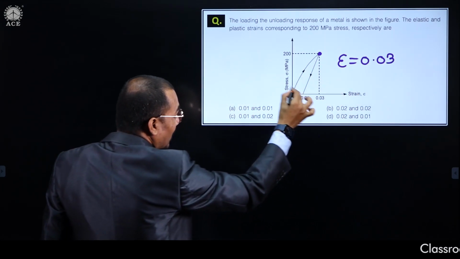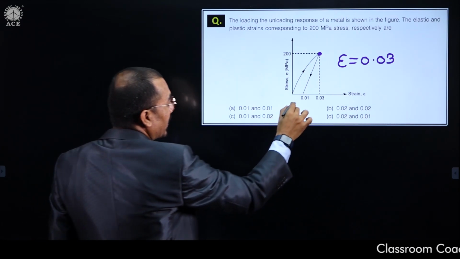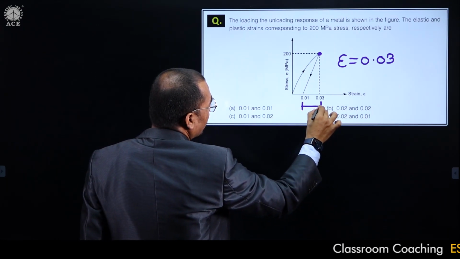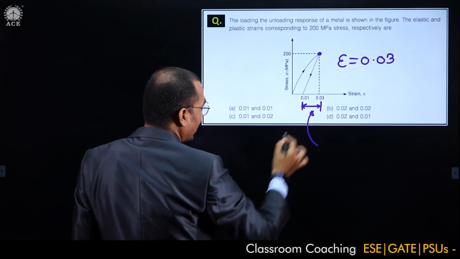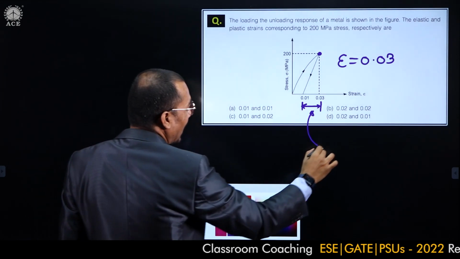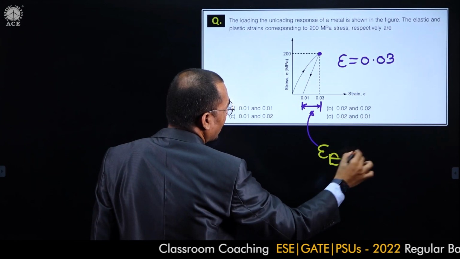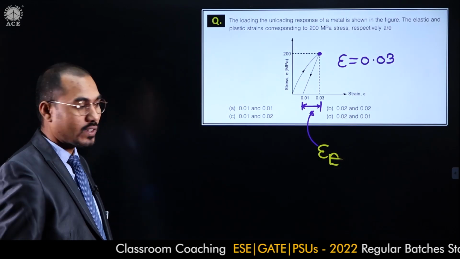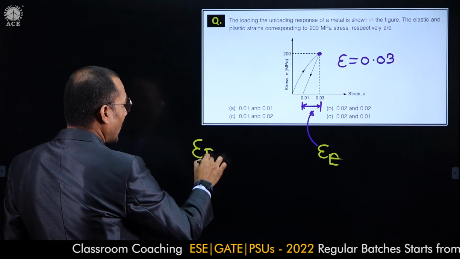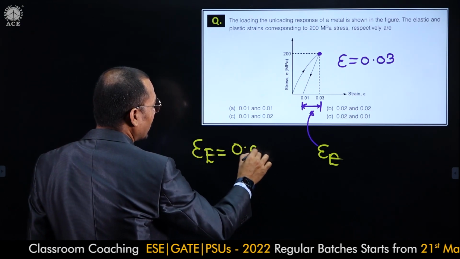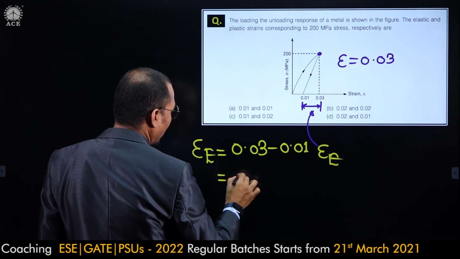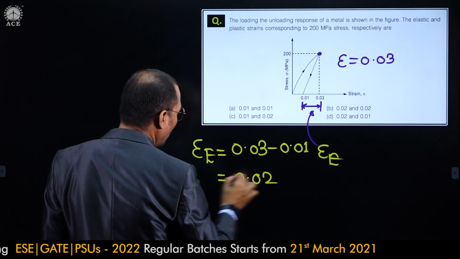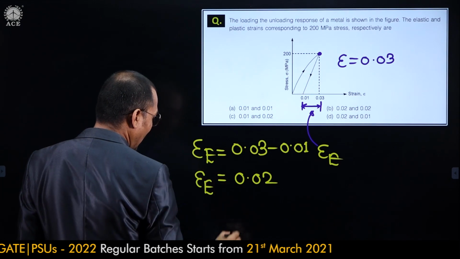But when it is unloaded, this is the strain which will get recovered, and whatever is getting recovered is called my elastic recovery, elastic deformation. So, from the figure, elastic recovery is 0.03 minus 0.01, which is exactly equal to 0.02, and that is my elastic strain.